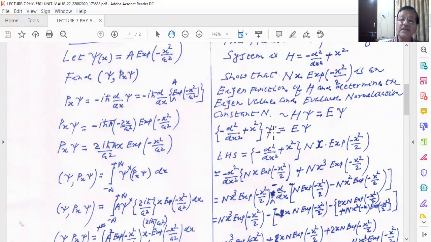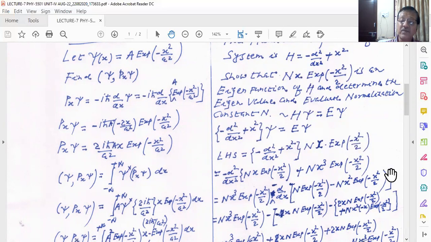What is psi? Psi is N x exponential of minus x square by 2. So this is your Hamiltonian operating on psi. So I put in the psi: N x exponential of minus x squared by 2.